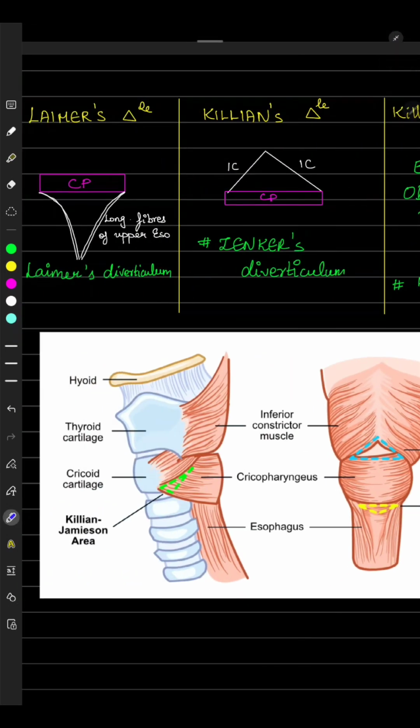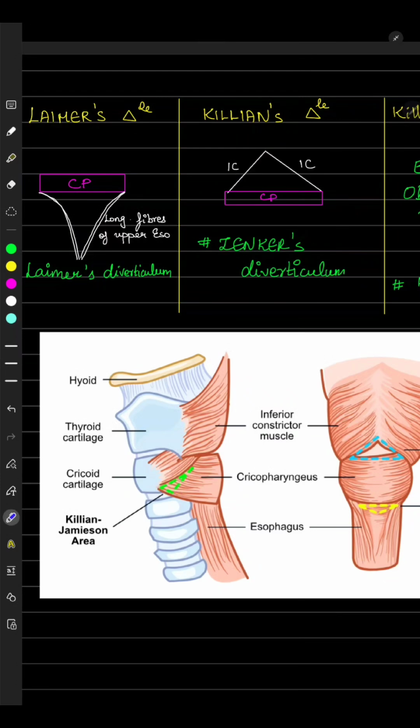So this is also a potential space for a diverticulum to form. And what is its name? It is nothing but a Laimer's diverticulum. Now finally, on the lateral view, this is the thyroid cartilage. Okay, this is the cricoid cartilage. It should be a full cartilage, something like this, because muscles we are not able to see. And we also have another triangle.